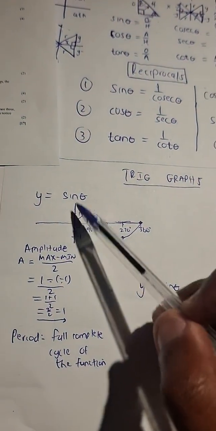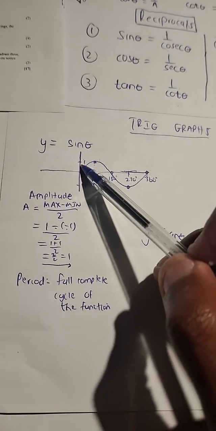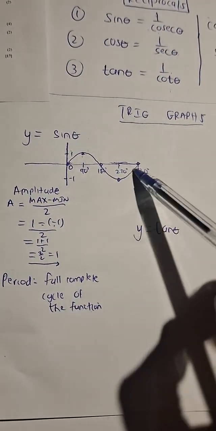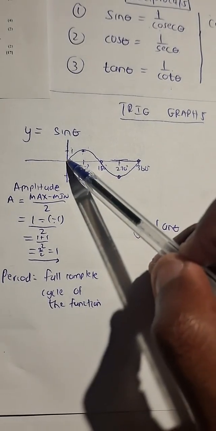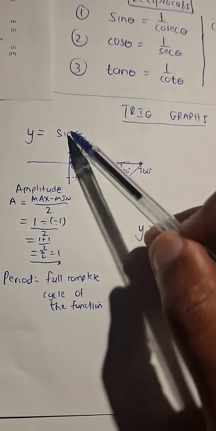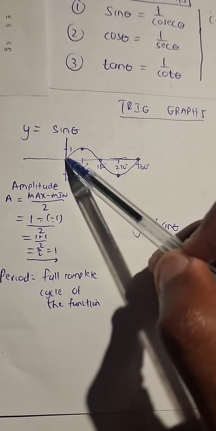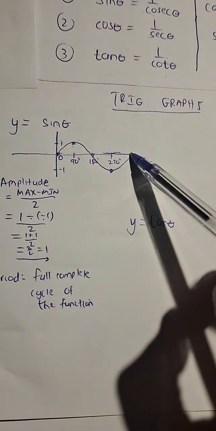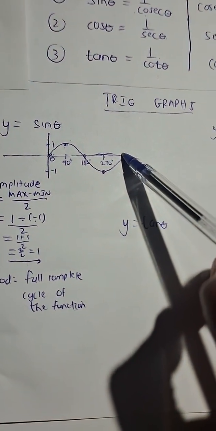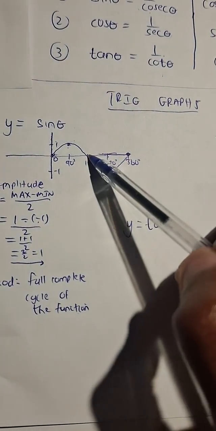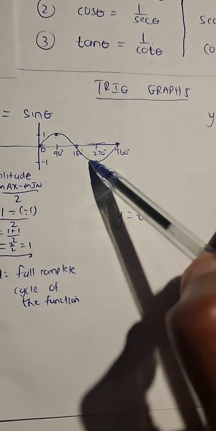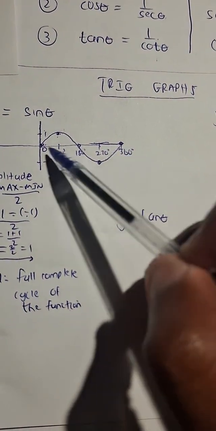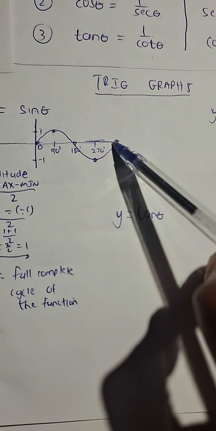So one full cycle of the sine graph takes 360 degrees. So guys, this is how a cycle of the sine graph looks like, from a position back to that position. Not necessarily to here, no, the whole way through. So this would be a complete cycle. Takes how many degrees? 360.